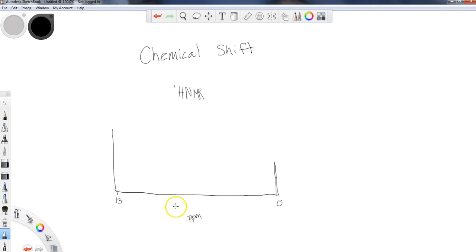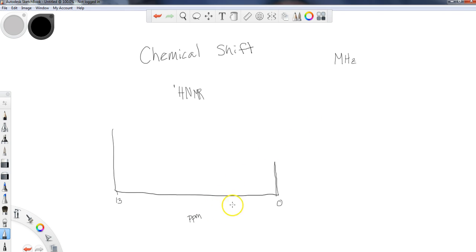Keep in mind, when we use an NMR, we're talking about megahertz, so a 200 megahertz, a 500 megahertz. The prefix mega stands for million, so we're talking on the scale of hertz down here. The reason we use ppm is that it helps us standardize the chemical shift scale.